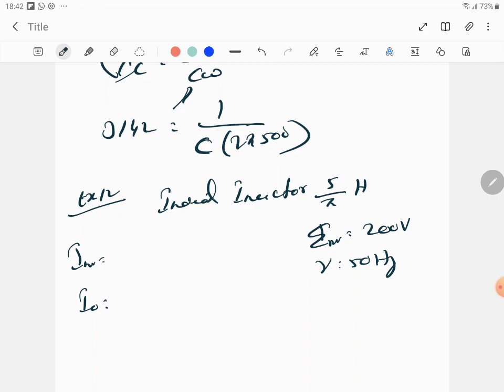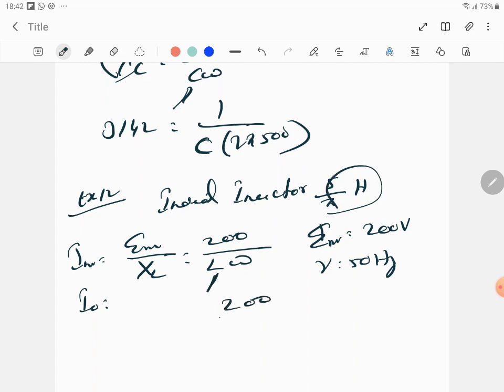As usual, IRMS is equal to ERMS by XL, since there is only an inductor. So ERMS is 200, divided by L into omega. They have given 5 by pi Henry, L itself is 5 by pi. So 200 by 5 by pi, and omega itself is 2 pi into 50.